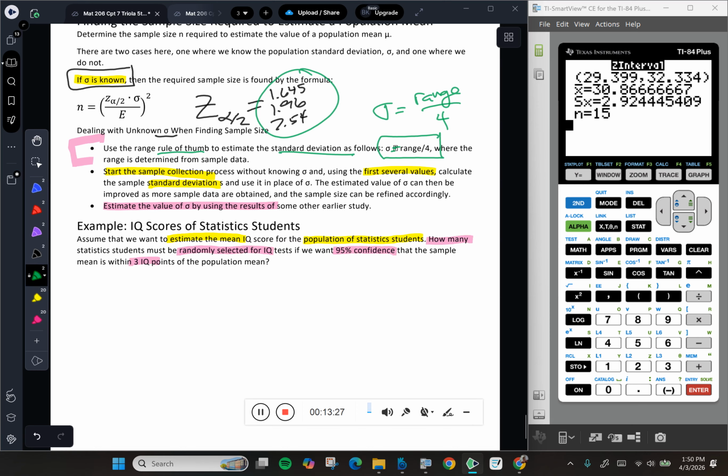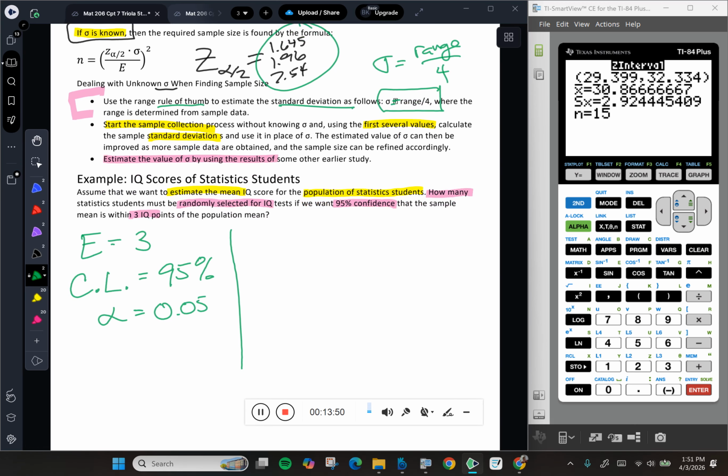So I want my margin of error to be within 3. I want my confidence level to be 95%, which means that my alpha is 0.05.